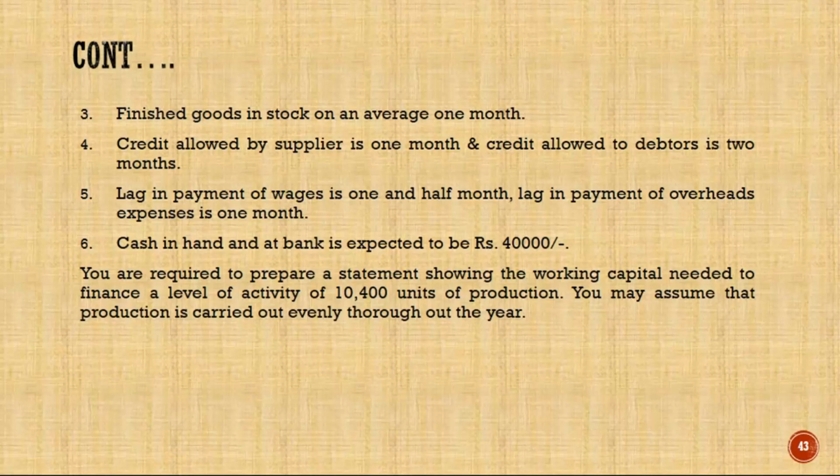So now, whatever we have done in the earlier example, the same steps we have to follow here also. So first, we will prepare a statement of total amount of cost and sales required for 10,400 units of production.